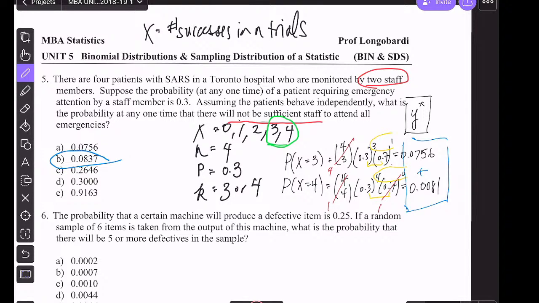Okay, do you guys feel like you learned something? So you know what to look for in a problem? And you understand the formula. Wonderful.